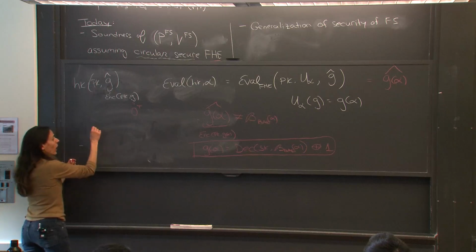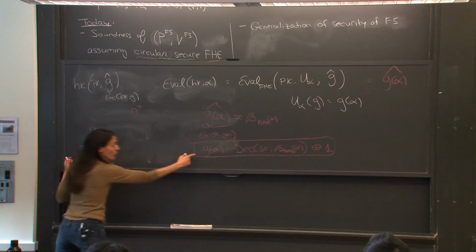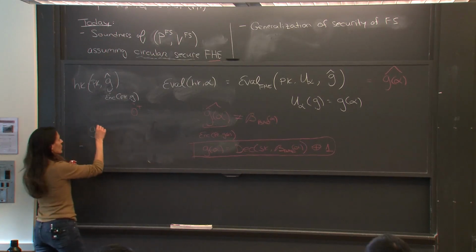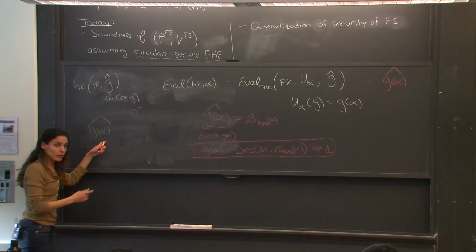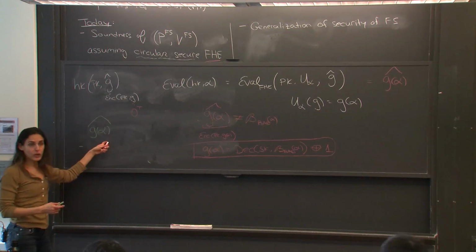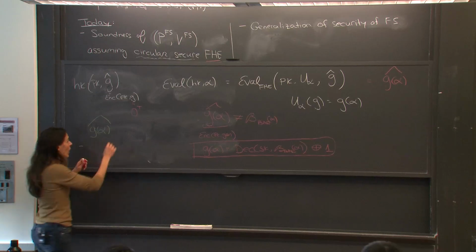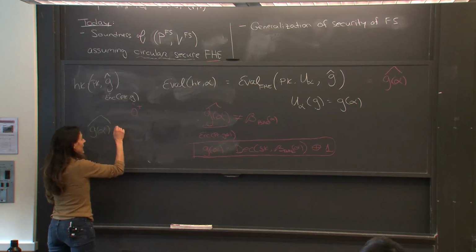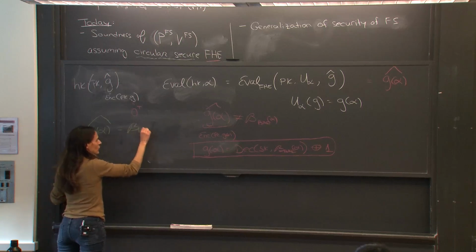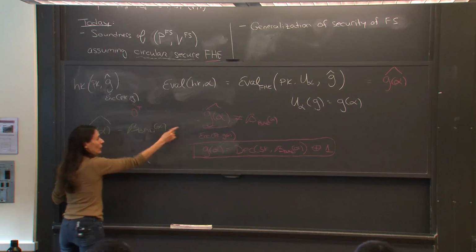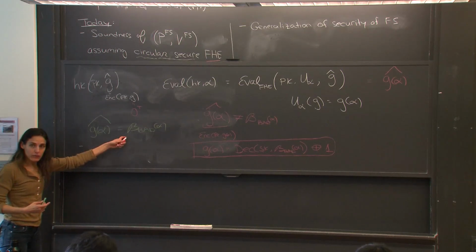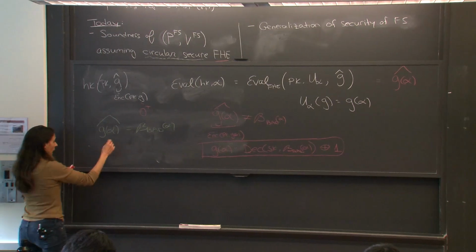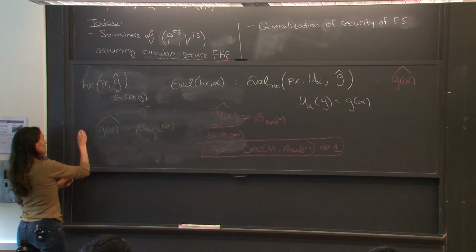So if I want to argue now for this G, I want to argue that this, which is the Fiat-Shamir hash function on alpha, if it was beta, I'm going to get a contradiction. I want to argue it's not beta. Why? If it was, then I can apply decryption on both sides.